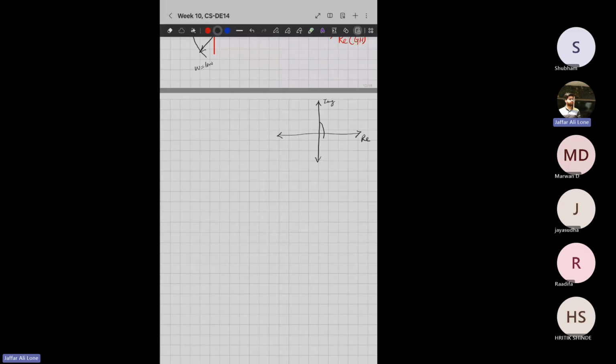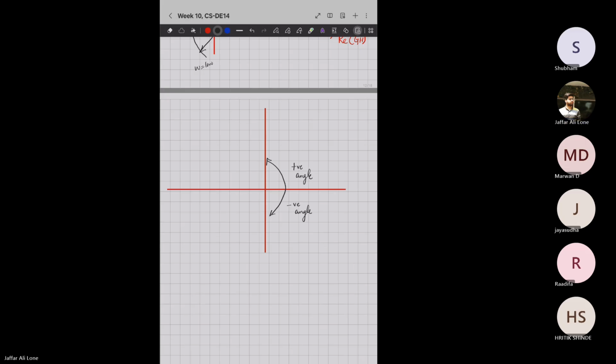So this will be a positive angle, and this will be a negative angle. Counterclockwise, I'll take positive angle, and clockwise, negative angle.